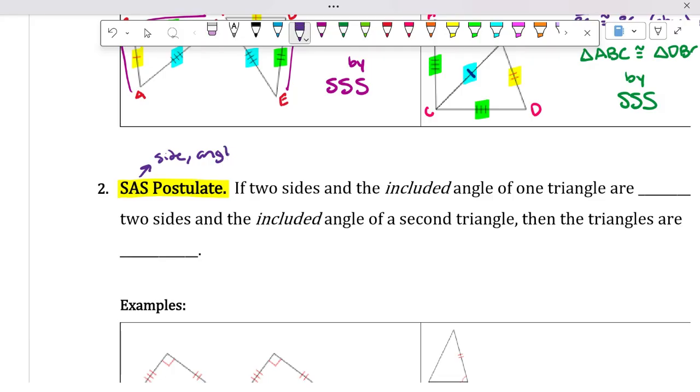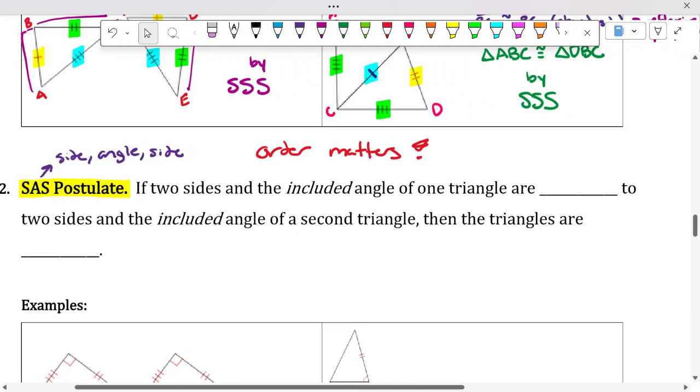So in other words, we're going to have 2 sides marked congruent and a singular angle marked congruent. However, order does matter here. For all of these postulates, order matters. Meaning that angle cannot just be any random angle marked. It's got to be in a specific position in order for the SAS postulate to work.